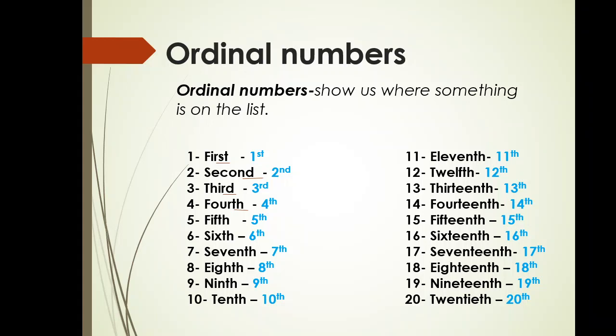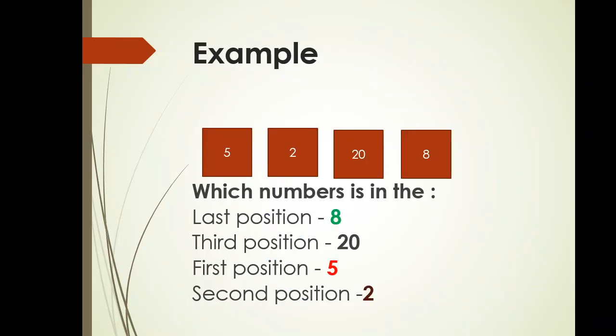Let's look at the example. Example, we have these four numbers here. We have 5, 2, 20, and 8. And we are asked which number is in the last position.